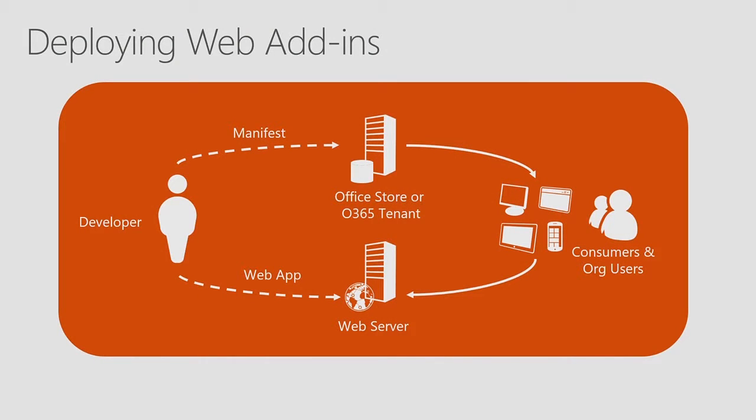And then the other side of that is the user. How they get it. Well, they go to that store, they go to that Office 365 repository, they find that manifest, and they install it. And then the Office app loads from your web server. It's fairly simple.